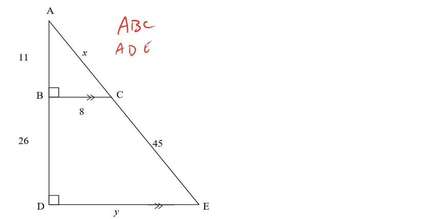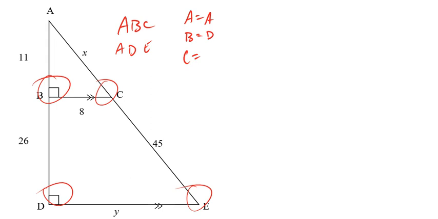So I want to figure out which angles from one of the triangles equals which angles from the other. So obviously A equals A. What does B equal and what does C equal? B equals D because they're both right angles. And C equals E. We could use geometry properties to figure that out, or you could just realize that it's the last angle, so they have to equal each other.